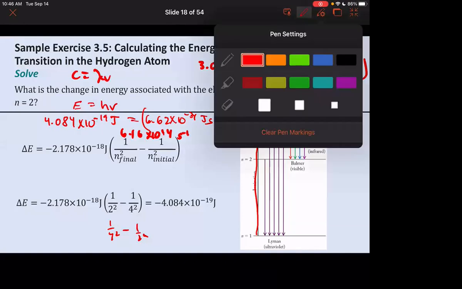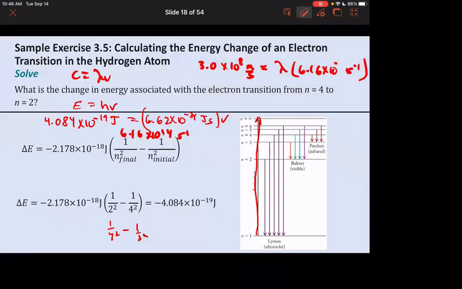That says 14. Isn't that terrible? Someone do that for me, please. 3.0 times 10 to the 8th divided by 6.16 times 10 to the 14.